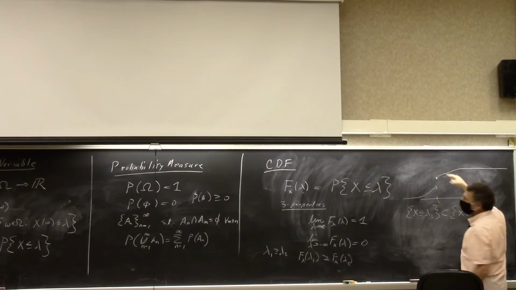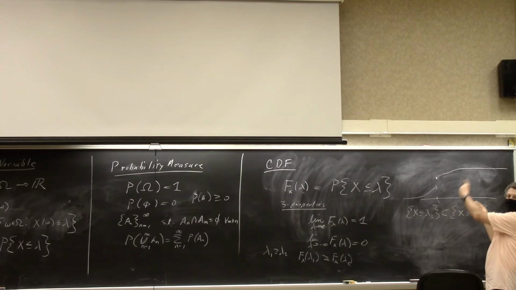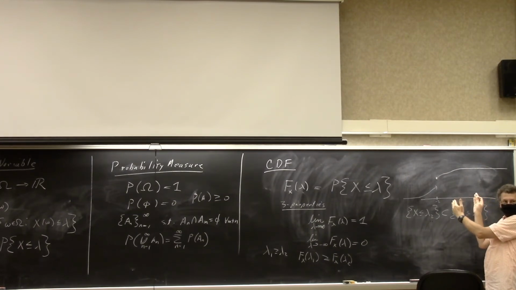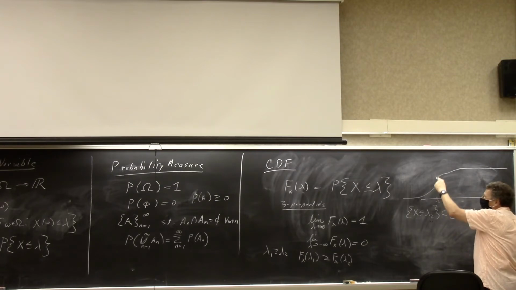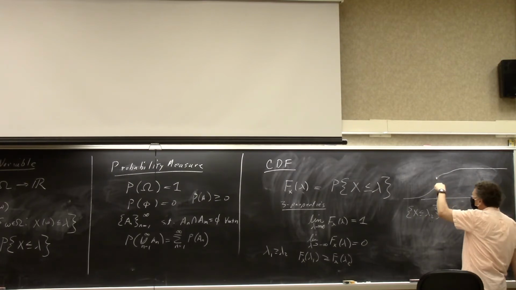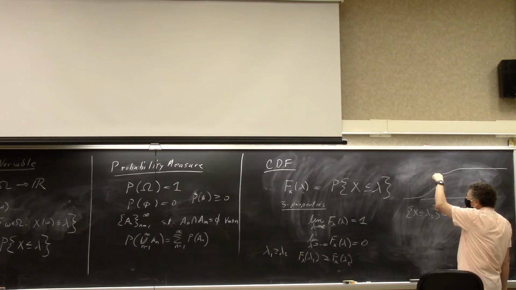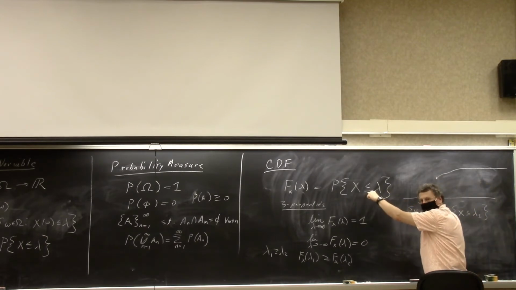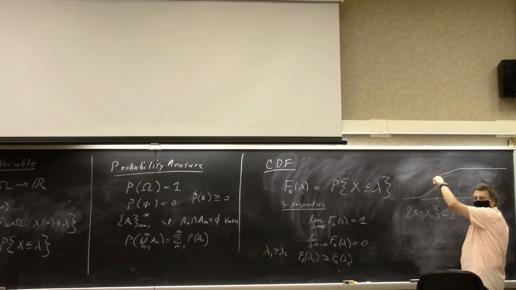So this thing can't go down. It can only go up monotonically. It can stay level, that's okay. If it stays level, it means that the probability of being anywhere in that interval is 0. But if you have a discrete probability, it's going to take a jump. When you get to that discrete probability, because it's less than or equal, at that point it takes on the larger value.